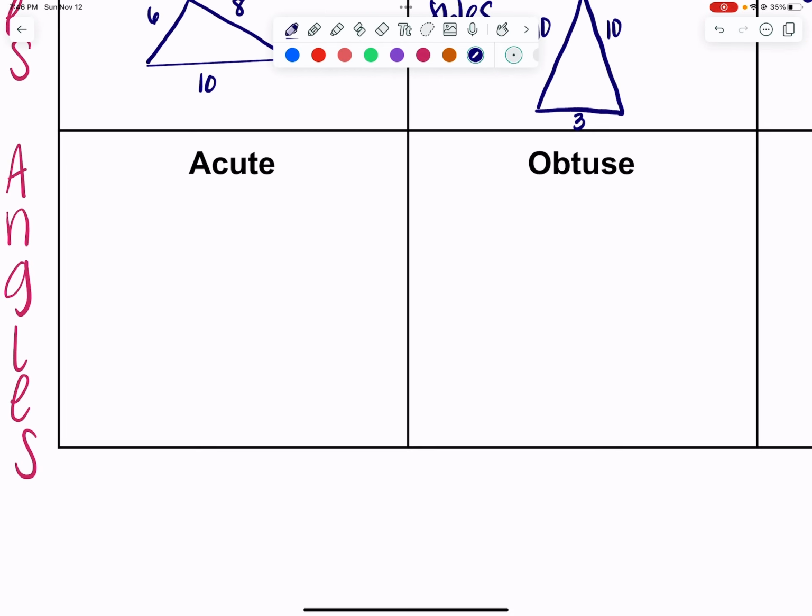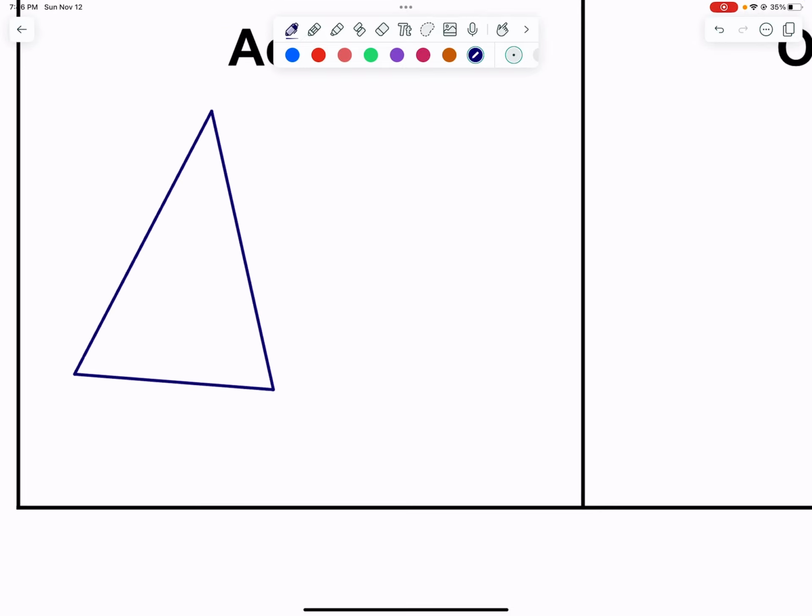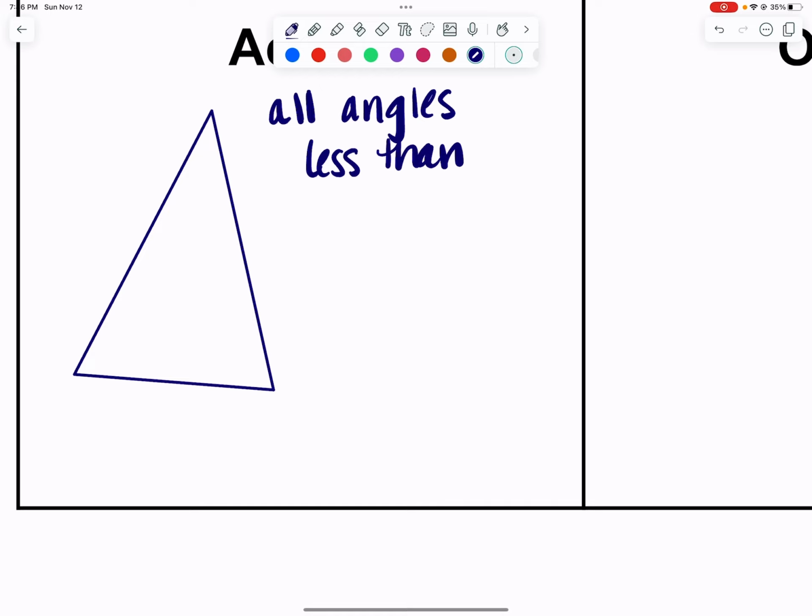An acute triangle doesn't have freckles and a little bow in its hair. An acute triangle has all angles less than 90 degrees.